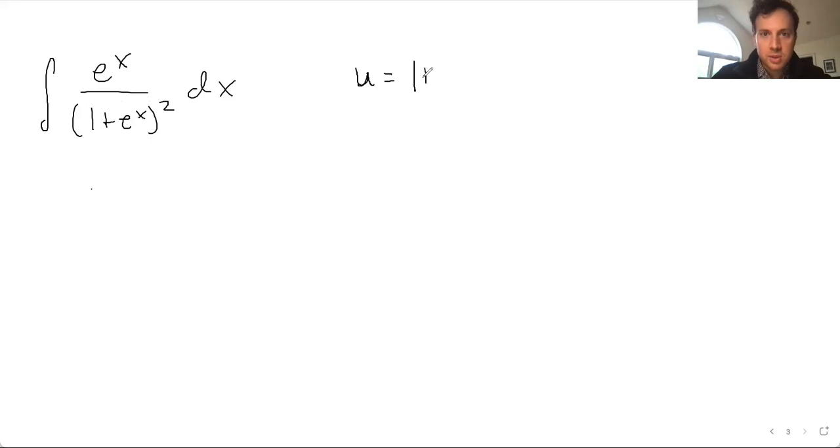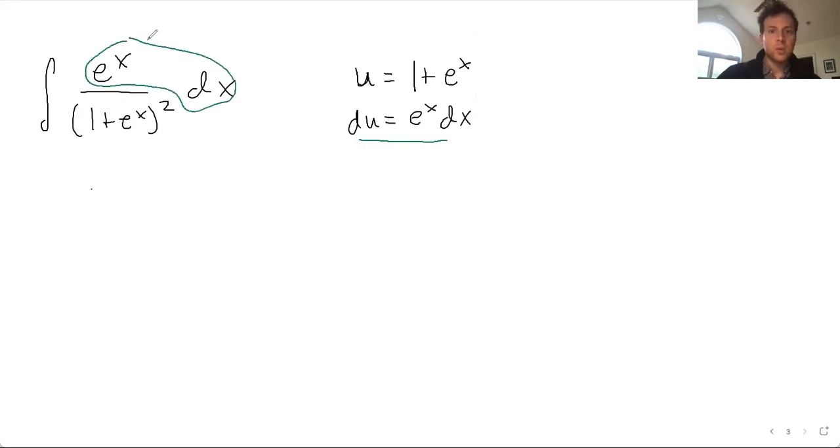On the other hand, if we say u is 1 plus e to the x, then the derivative, the 1 goes away, and we get e to the x dx, and that is what shows up right there. Our u is what's inside our square, and the 2 is just going to be here.